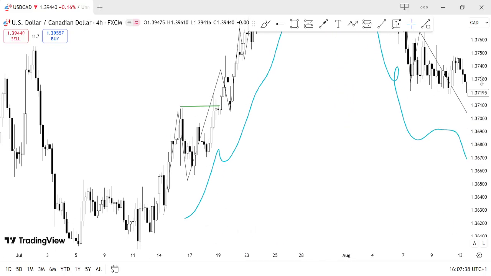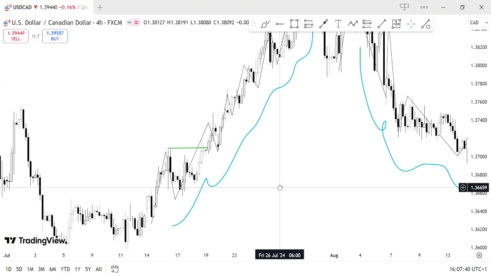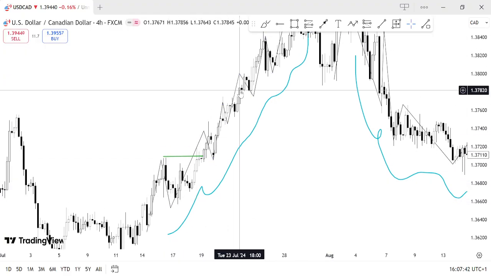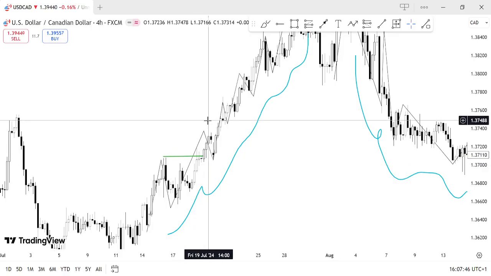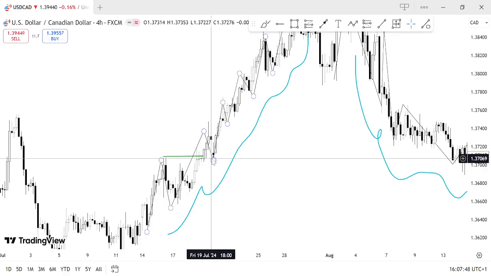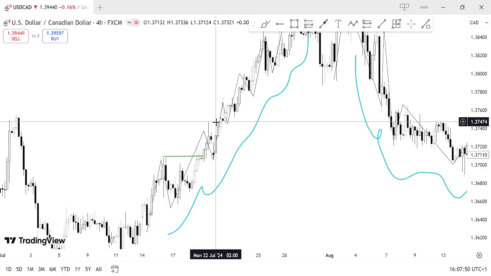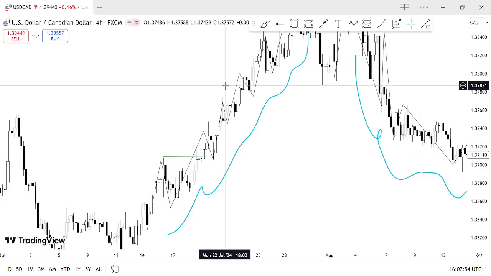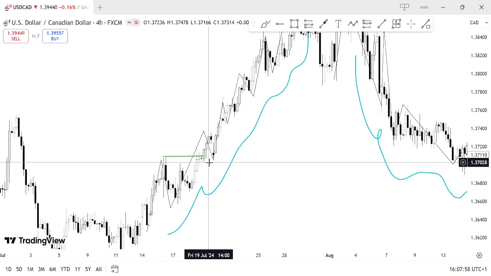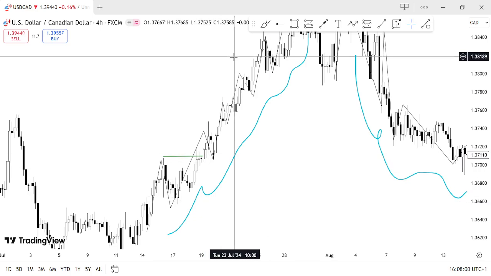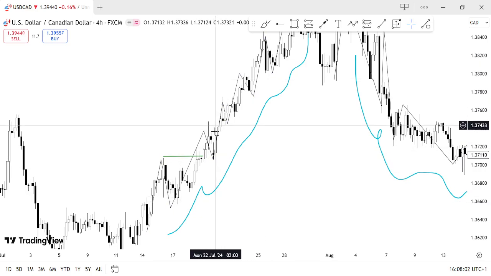So we can see the structure continues breaking up. In alignment with the uptrend, we can see another high forming, another higher low forming, another candle is taking out, or let's say this impulse. When the market moves from a point in a very uniform fashion, we can call it an impulse.